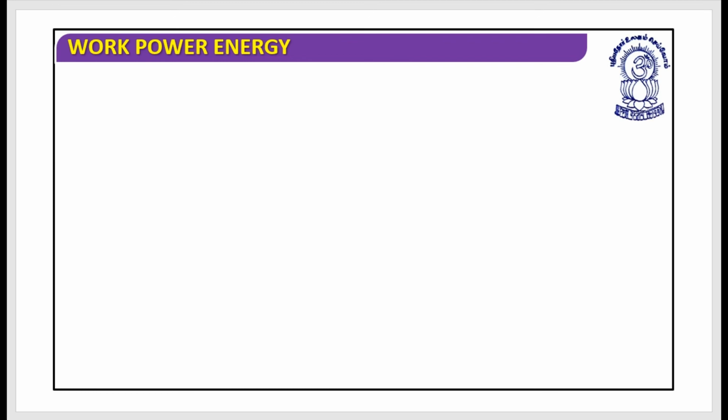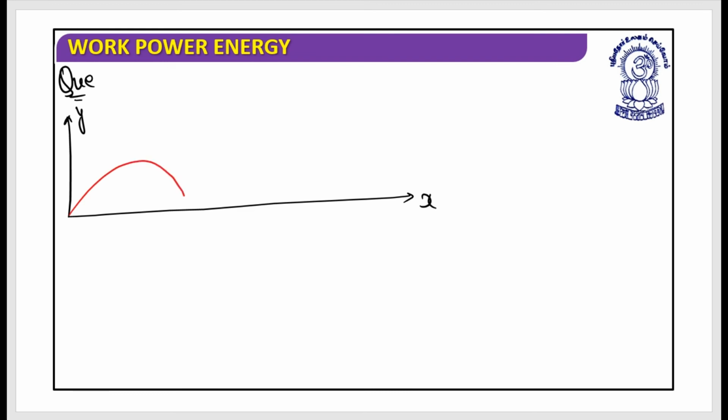So now let's do the same thing with a different approach. Let's have a look. Let's suppose this is y, this is x. You have a projectile, and it has been projected with velocity u making an angle theta. It is going to be launched from here.